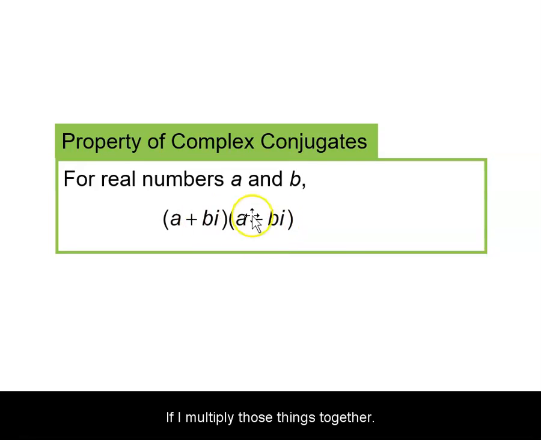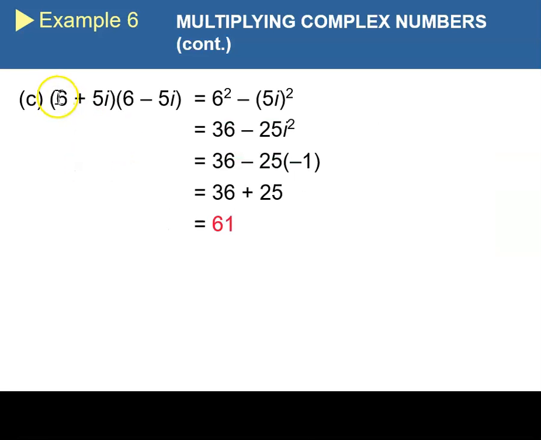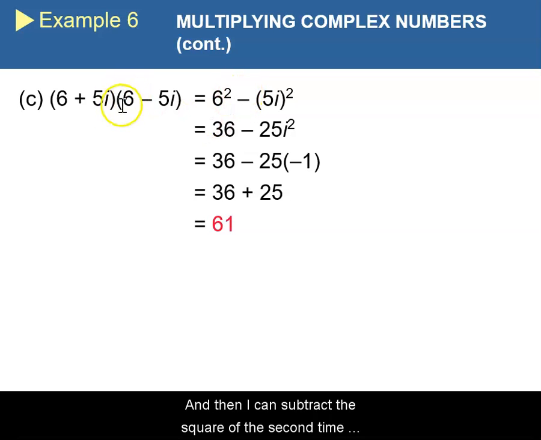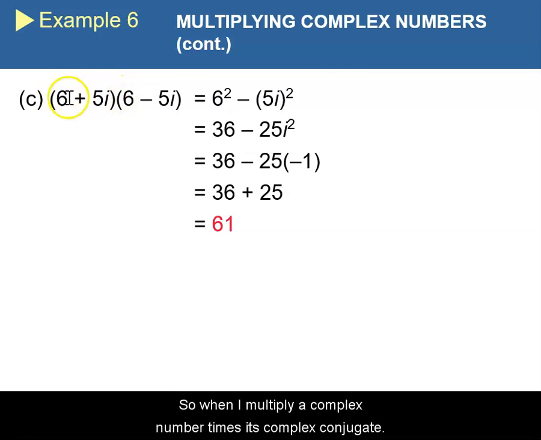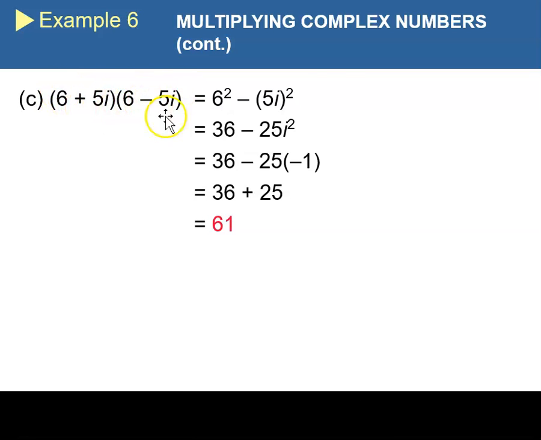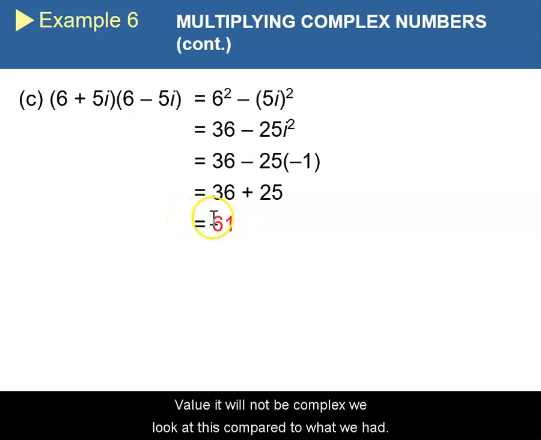And if I multiply those things together, okay, as we saw before, right, I can square the first term, and then I can subtract the square of the second term, because this is really the difference of squares formula. So when I multiply a complex number times its complex conjugate, I will always get a real number. Okay, there will not be an imaginary value. It will not be complex.